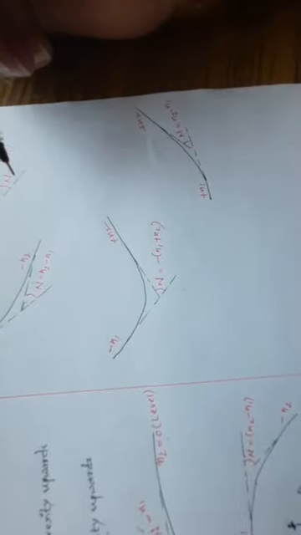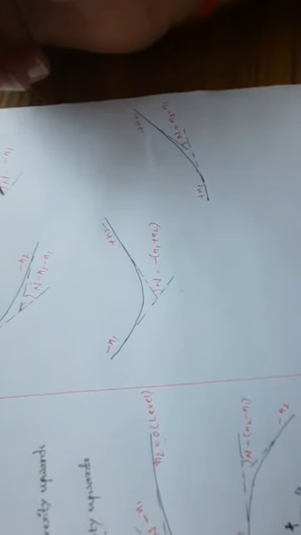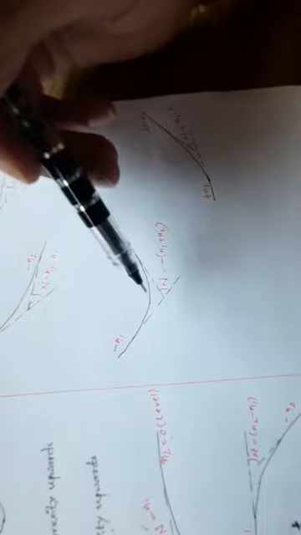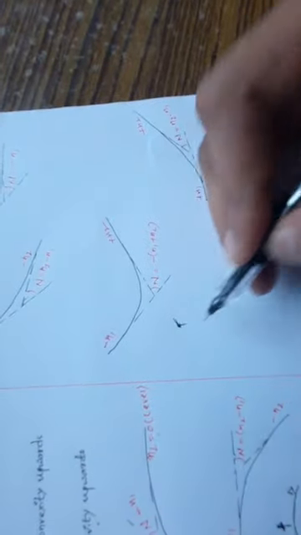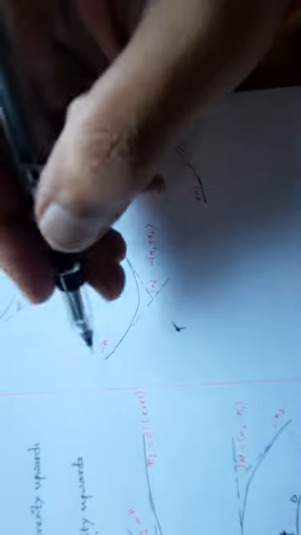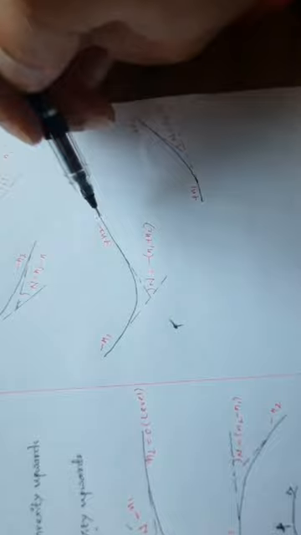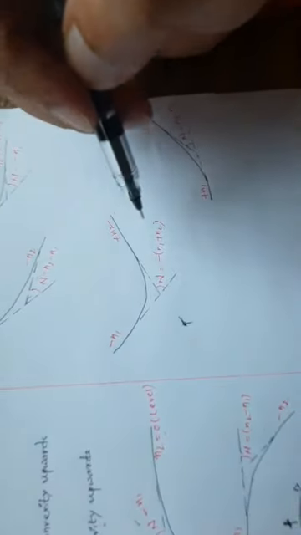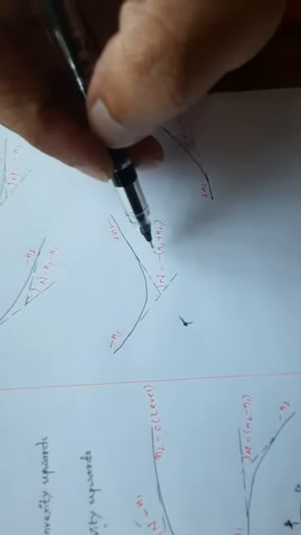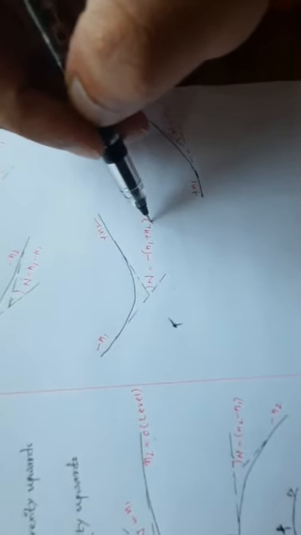Among these cases, the maximum possible deviation angle is obtained when the descending gradient meets with the ascending gradient, that is given by minus n1 minus of plus n2.